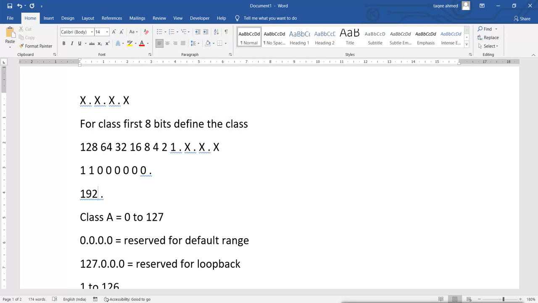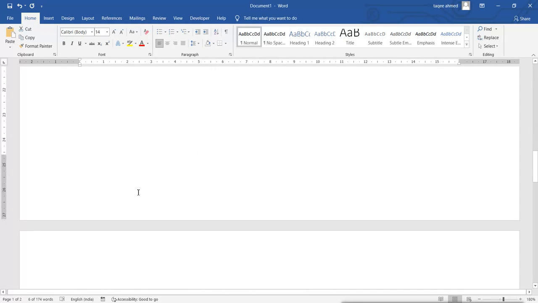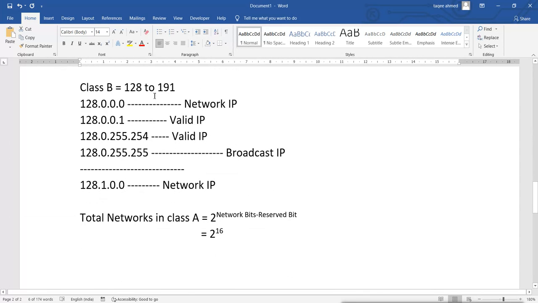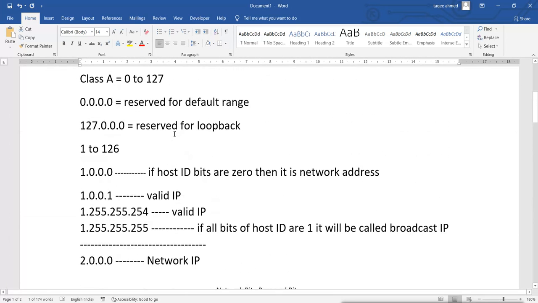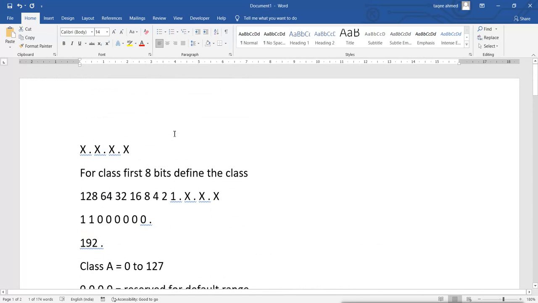Now 192 means you are out of class B, because class B starts from 128 and ends on 191. But when you enable these two bits, you get 192.